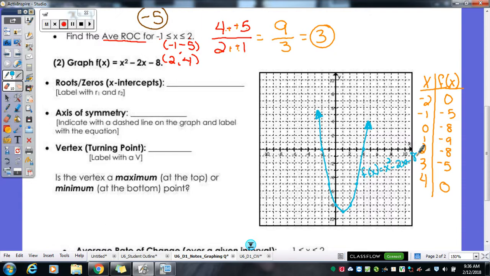Alright, so you should get a graph that looks like mine up front, going from -2 to +4 in your x values.